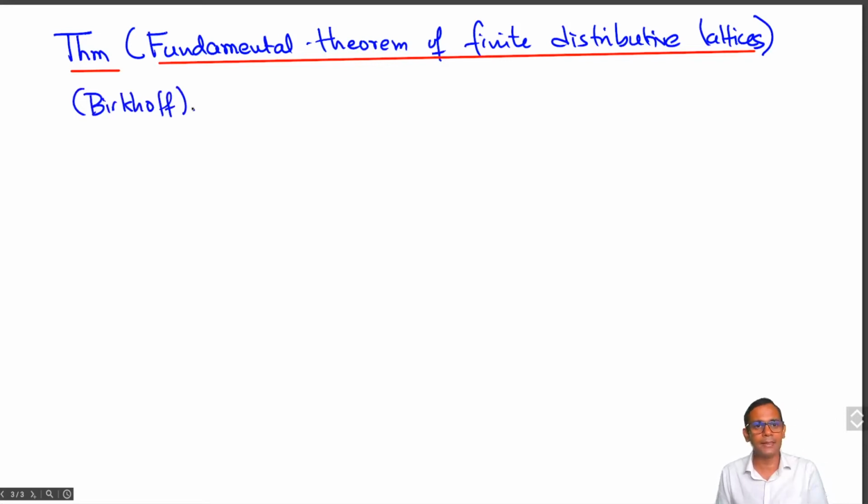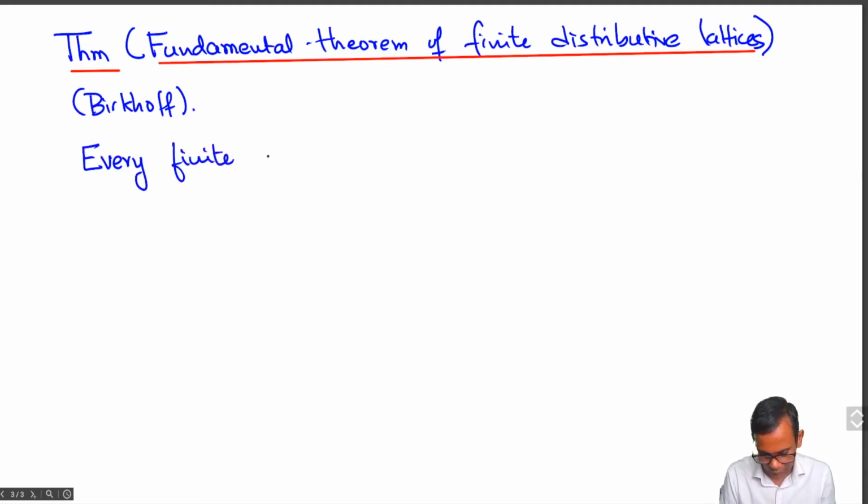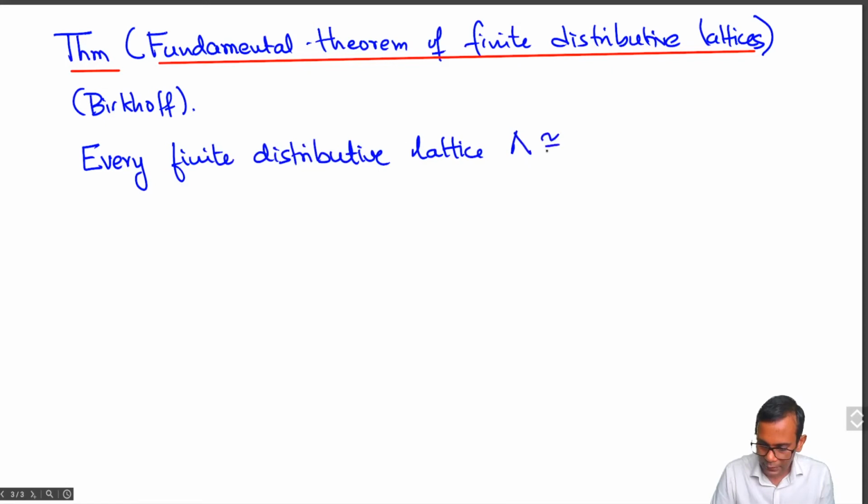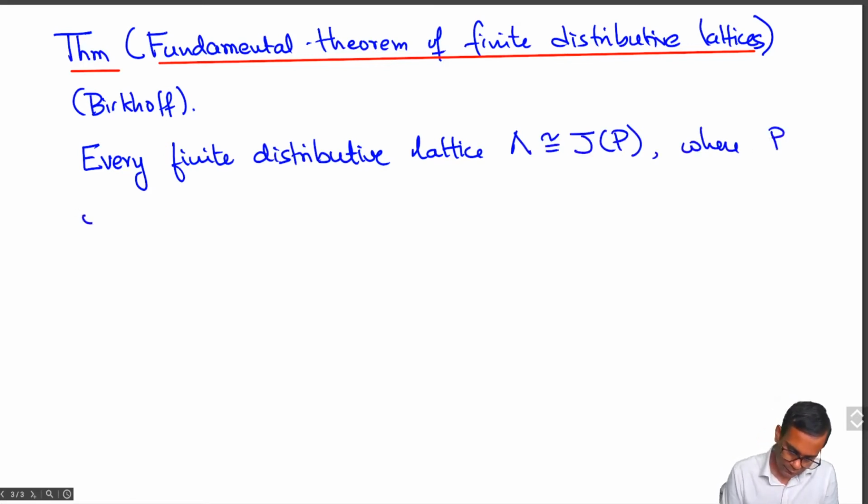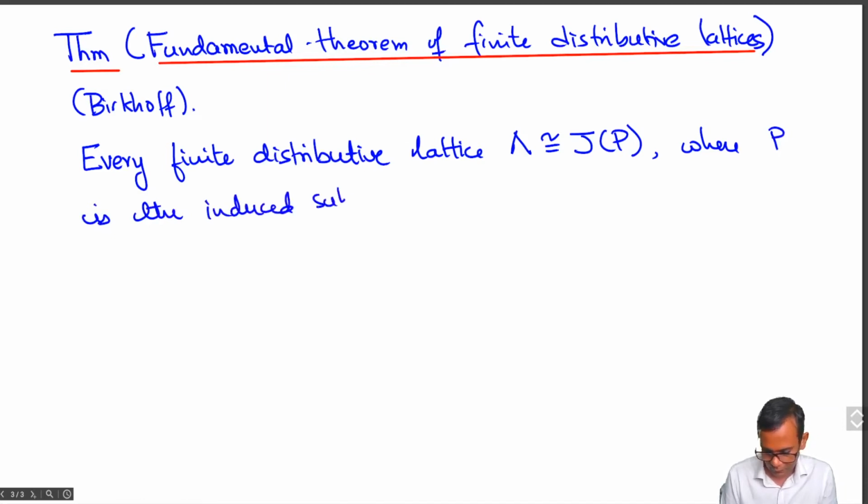The theorem says that every finite distributive lattice Lambda is isomorphic to the lattice of ideals of P, where P is the induced subposet of Lambda consisting of join irreducible elements.